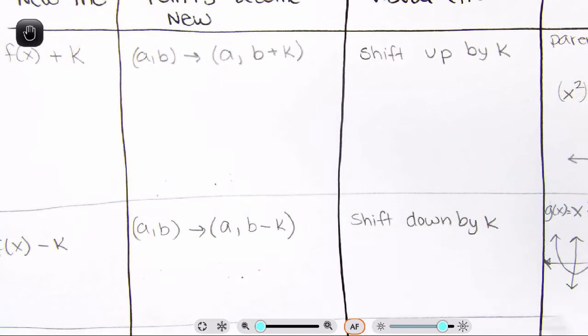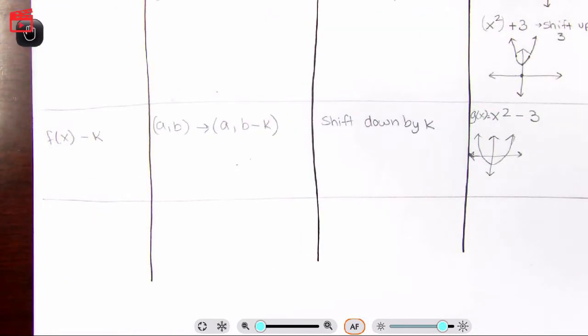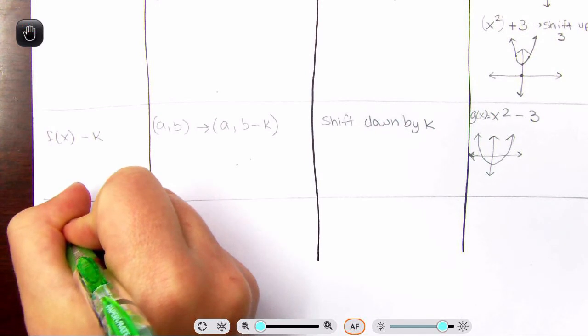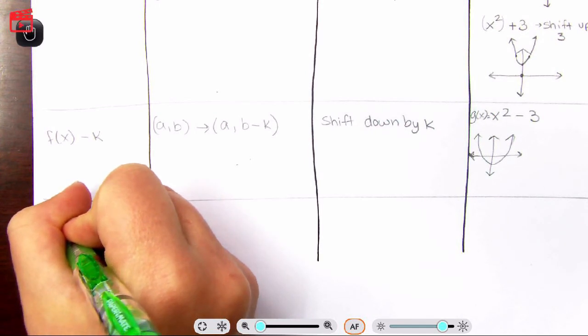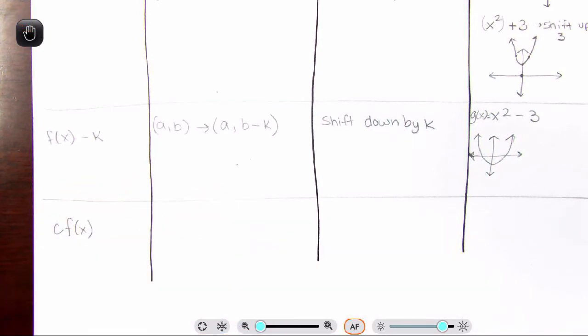All right, next one I have is still outside the bubble. All of these are outside the bubble, and that is being multiplied. So if I have c times f of x, again, it is outside the bubble, so that means it's being affected vertically.